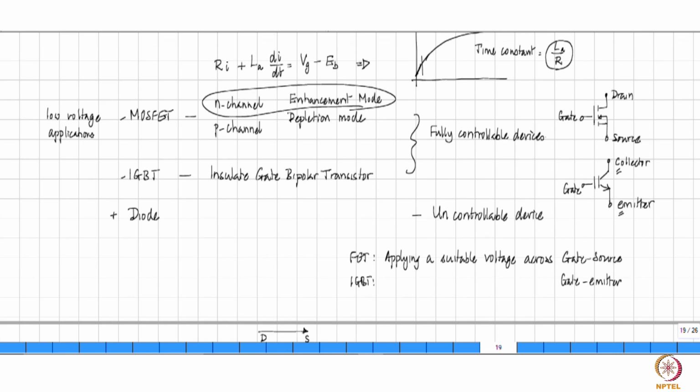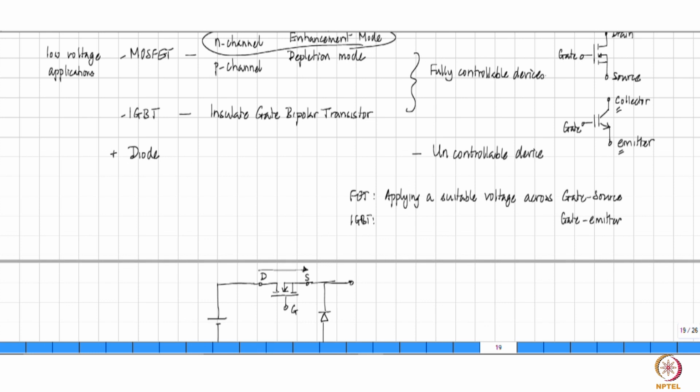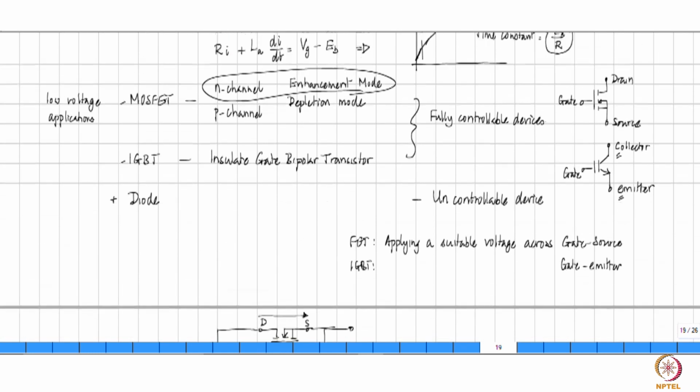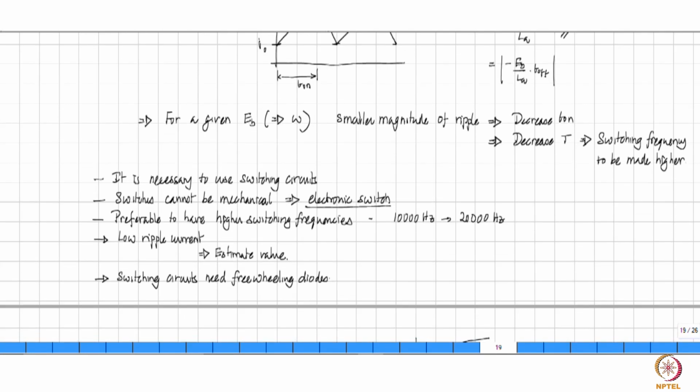So, having understood that you can have a switching circuit in order to generate whatever average voltage you want, you can always adjust the duty ratio in order to get whatever armature voltage you want to apply to the motor, right?